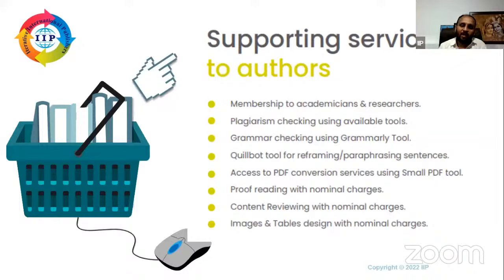We will provide free plagiarism checking using Turnitin. We also have a licensed version of the Grammarly tool, so we will provide grammar checking, also for free for the authors. We have the licensed version of the Quillbot tool for reframing and paraphrasing sentences.